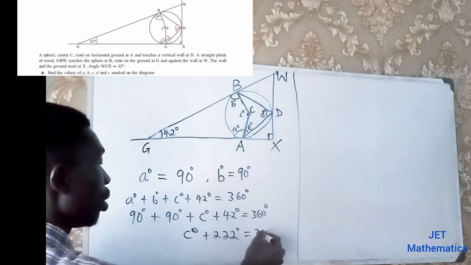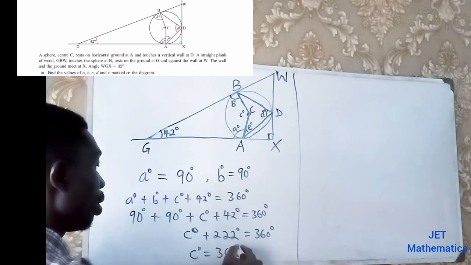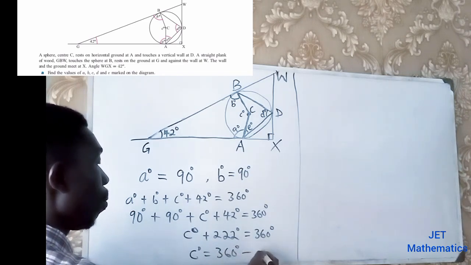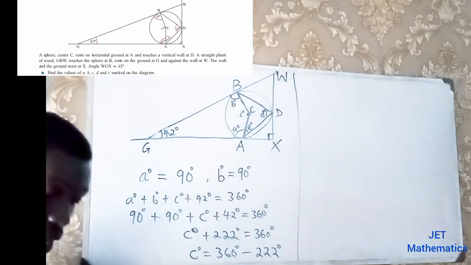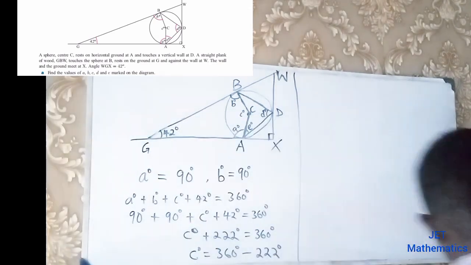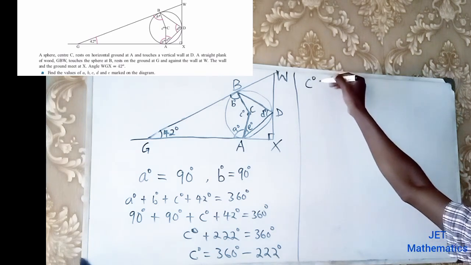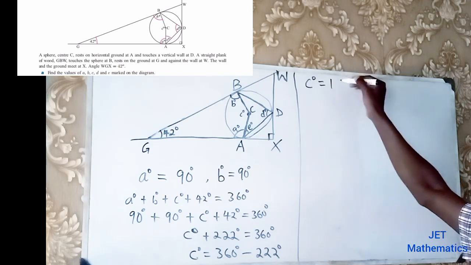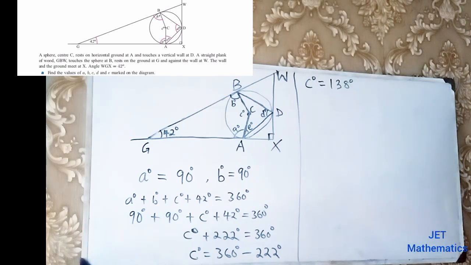So solving this, C equals 360 degrees minus 222 degrees. Finally, C is equal to 138 degrees. So that is quite simple to get.